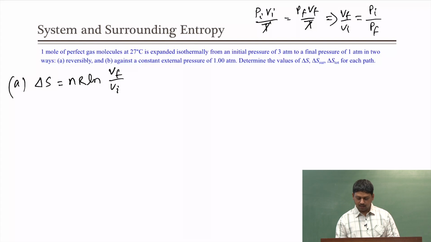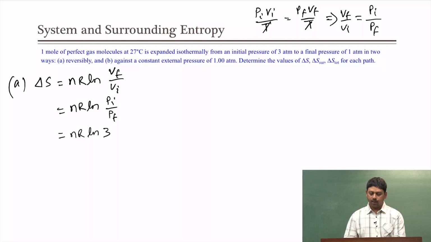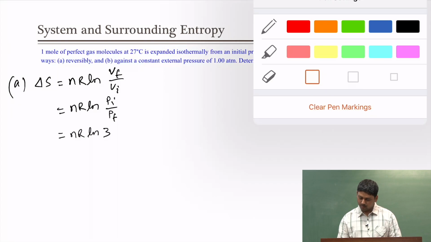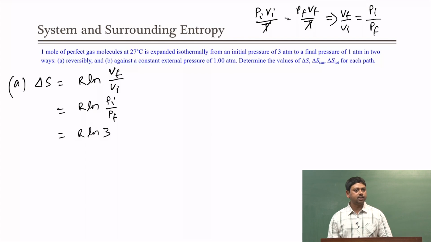Do not make that mistake. So it is nR ln(Pi/Pf). Pi is 3 atmosphere, the initial pressure, and Pf is 1. So this is nR ln 3, and for 1 mole of gas, just take n to be 1, R ln 3 is the answer. That is the system entropy.